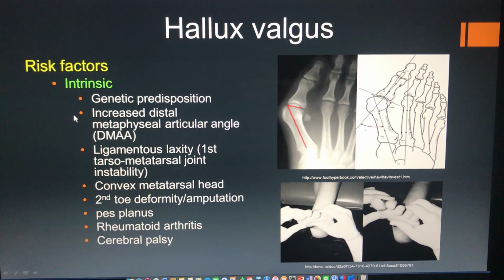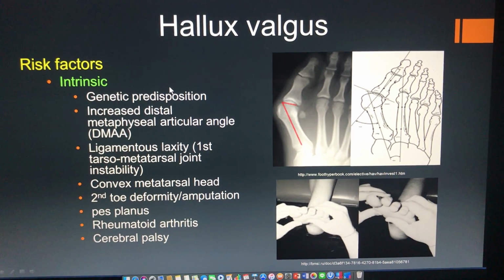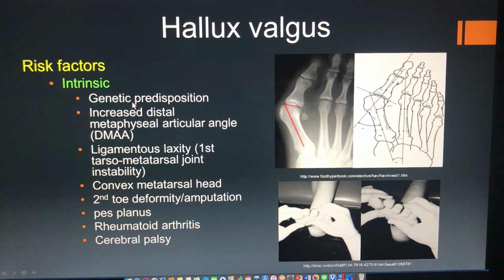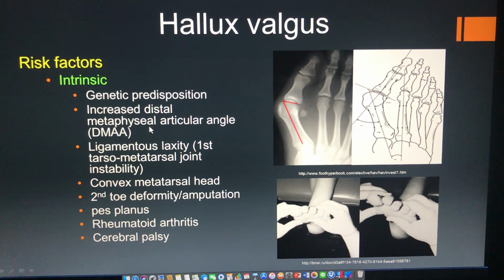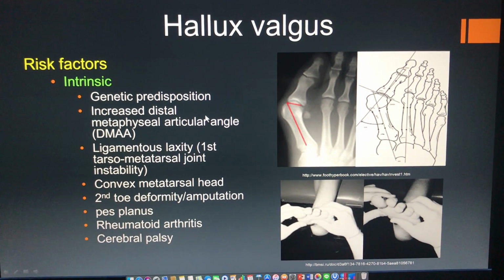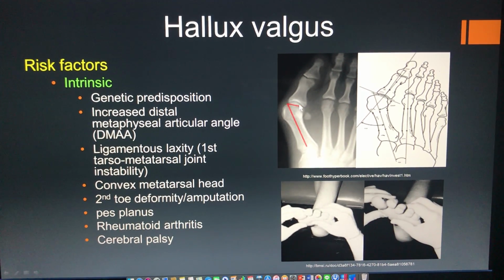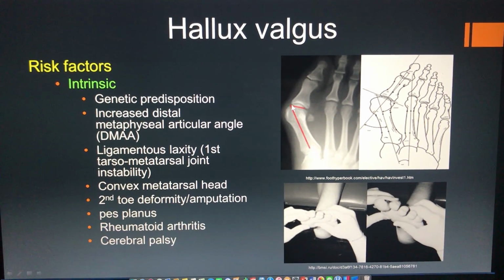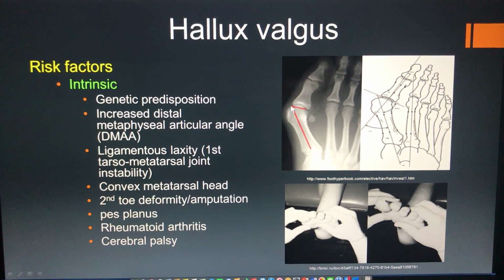We found a mother can transmit this problem to her child, with approximately 85% correlation. And another thing that can occur during the developmental process is a round metatarsal head. If the metatarsal head is round, narrow and small, it tends to drift easily compared to a big metatarsal head.